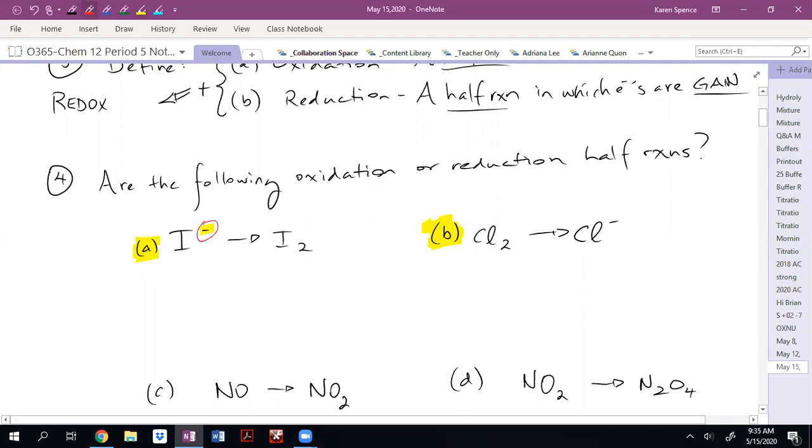For iodine, we have a -1, so its oxidation number is -1. And for I2, that is an element on its own. Elements on their own have an oxidation number of 0. So we went from -1 to 0.